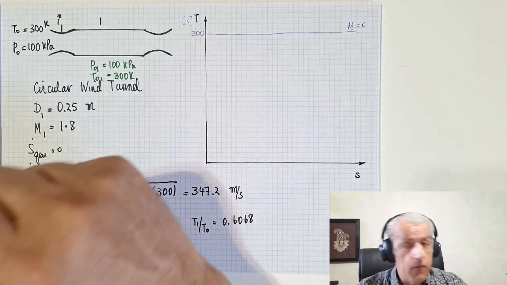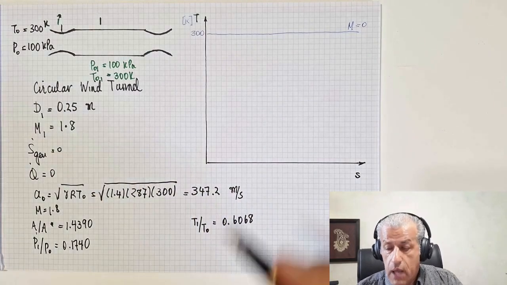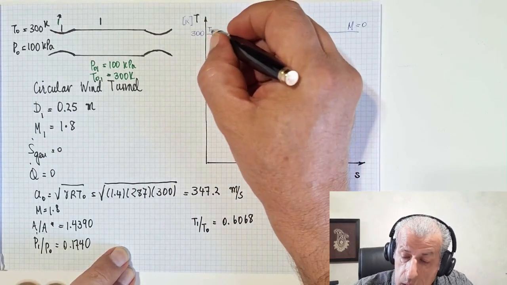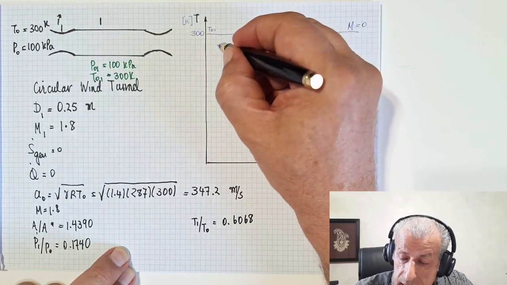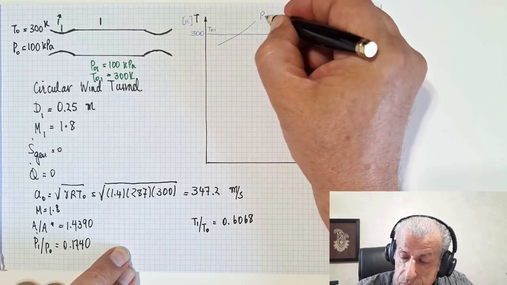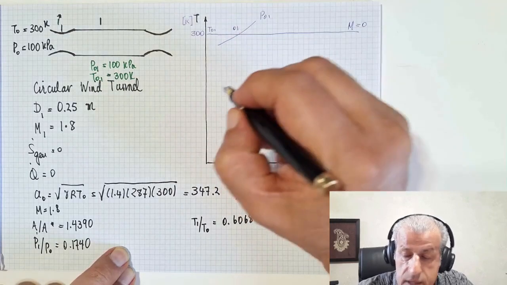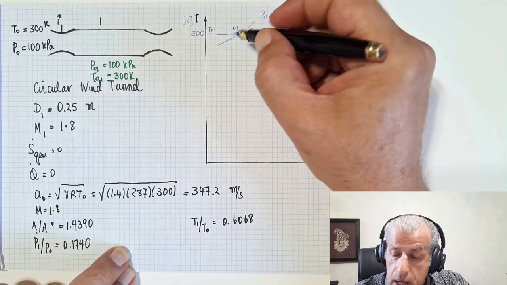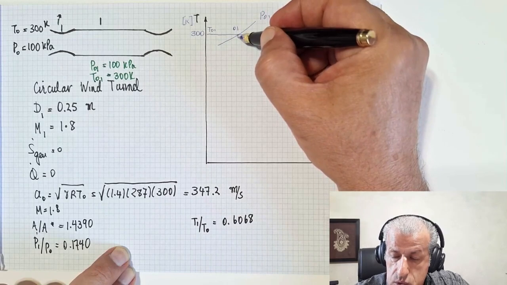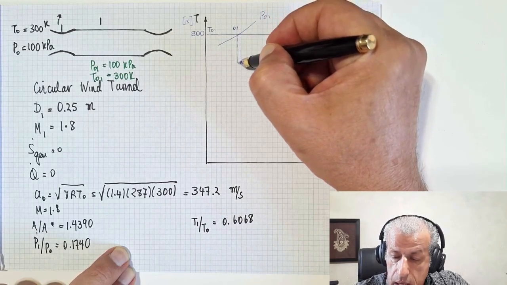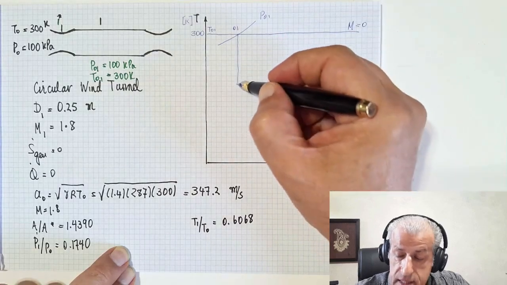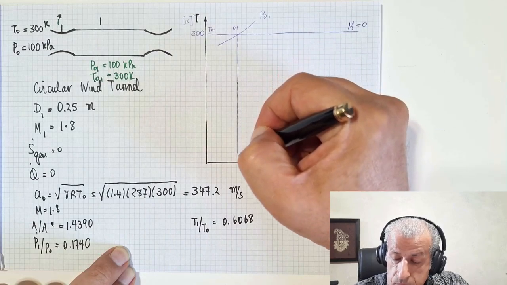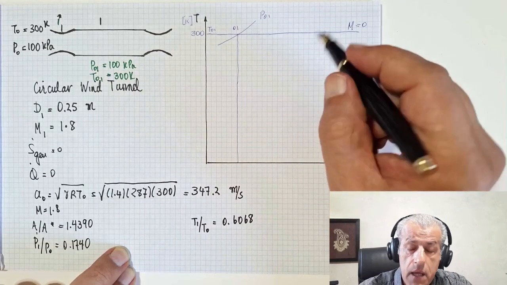In fact, if we want to show this on our diagram, it's very simple to do that. This is T01, and let's select a line here. This is P01, and therefore this is the point 01. And since the flow is isentropic, we could just draw an isentropic line here, and this is the line that the flow follows as it goes through the supersonic tunnel.